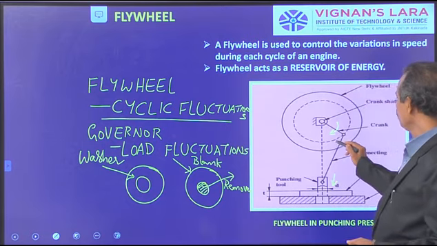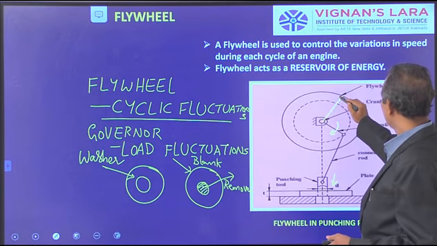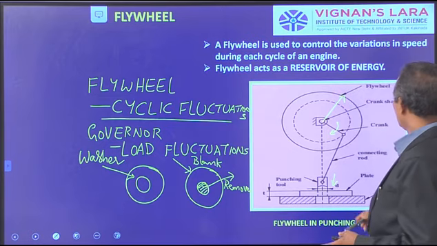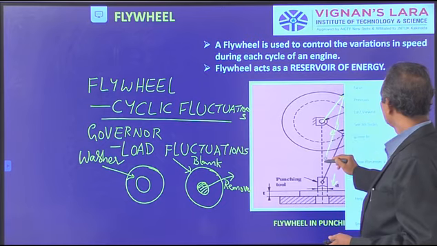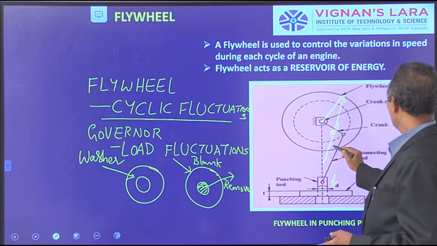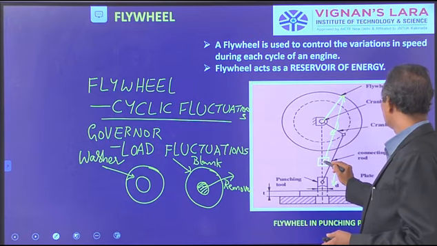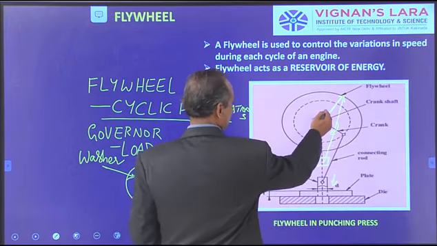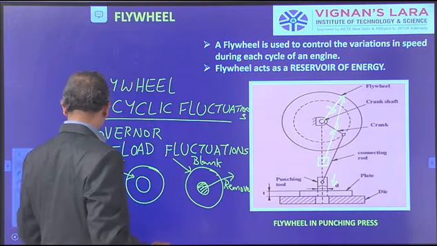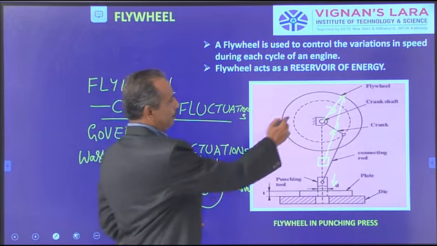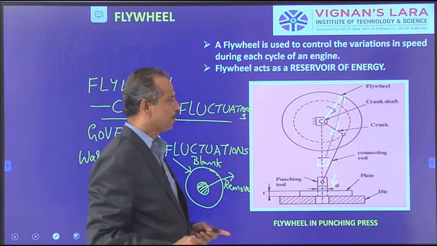So let us assume this crank is at this position. Then my connecting rod is like this, my die is here, my punch is here. Suppose at this other position, my crank is here, my connecting rod is here, my punch is here.